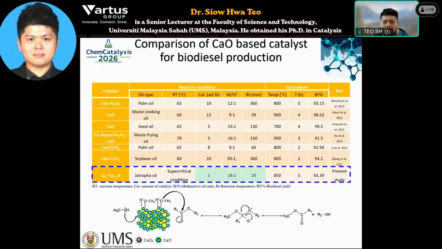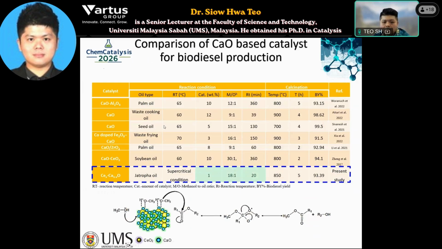In contrast, the cerium calcium mixed oxide catalyst developed in this study achieved a biodiesel yield of approximately 93% using only 1% of catalyst within 20 minutes under near critical methanol condition.